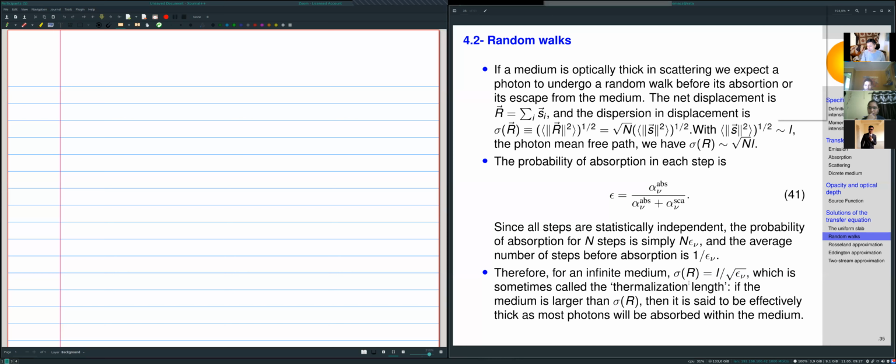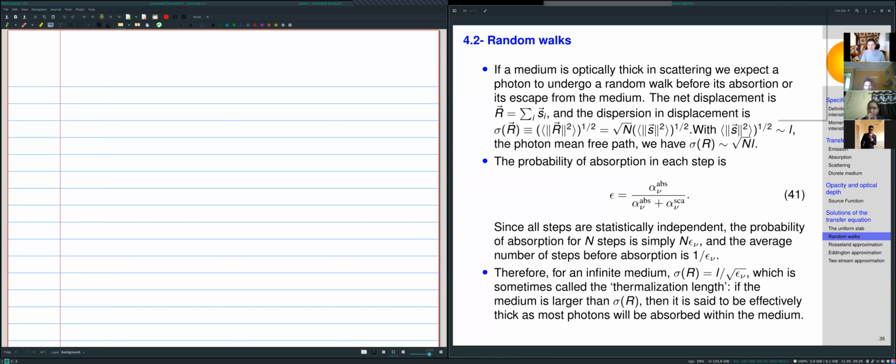This is a random process, and so I'm using the dispersion to describe the displacement of the photon. This is what Rybicki and Lightman call L star. I think I prefer using the dispersion, but it's just a matter of notation.